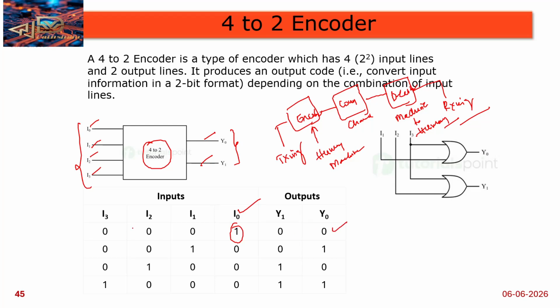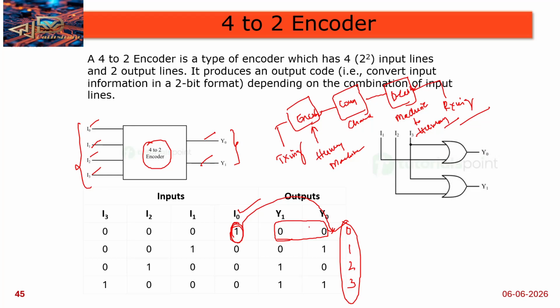See how we are saying that this is the binary number, but the decimal number is 0 1 2 3, right? So in 0 1 2 3 format it is storing that. If you are selecting I0, what is the decimal value of I0? It is 0, right? That's why the binary is 00 we are selecting.